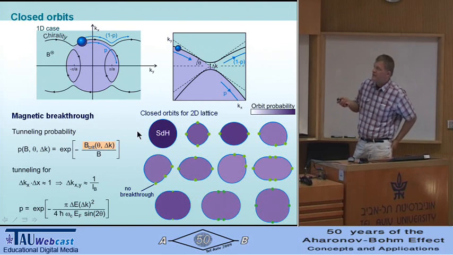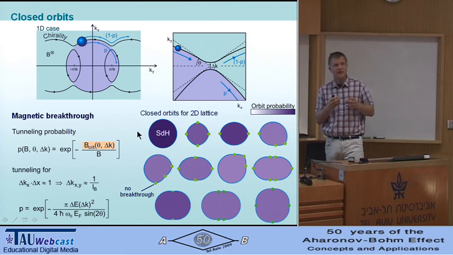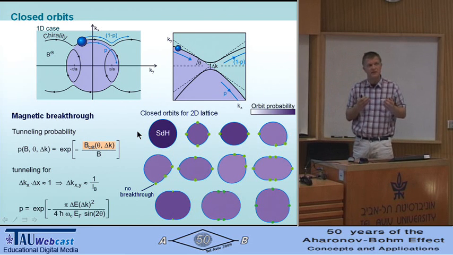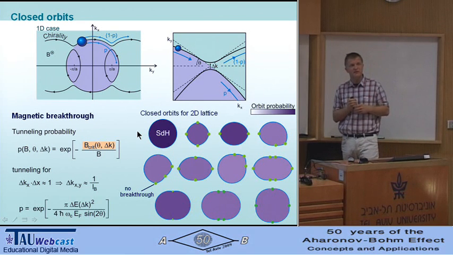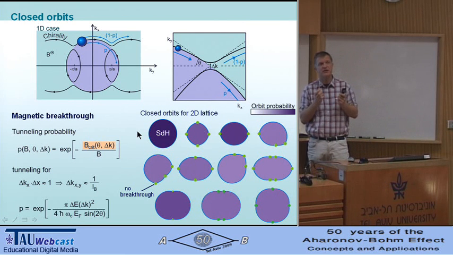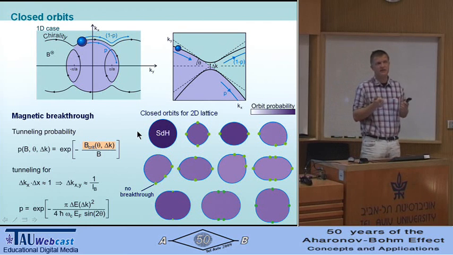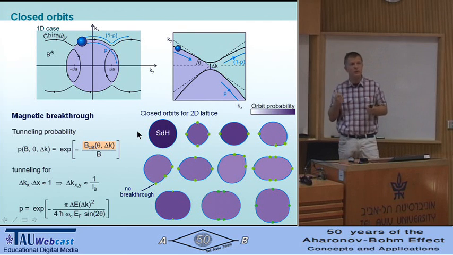Basically, in the limit of small magnetic fields, we are dealing with plane waves, and there's a large uncertainty in real space. But as we turn on the magnetic field, the electronic wave function is modified, and actually the spatial extent of this electronic wave function is set by the magnetic length. So as we increase the magnetic field more and more, the magnetic length becomes smaller and smaller.